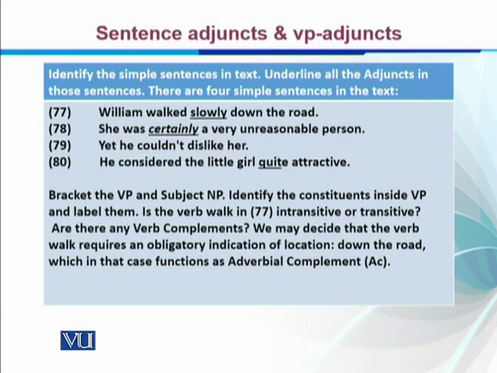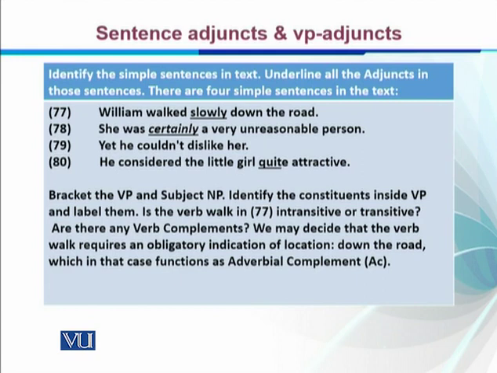We know that we have a copular verb here and a predicative noun phrase, which is a property of the noun phrase that is in the subject, she. Yet is also an adjunct. It relates the sentence with what has previously been said. He considered the little girl quite attractive. Attractive is an adjective, so quite is an adjunct; it modifies attractive.